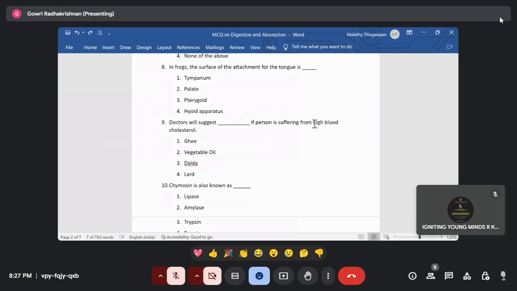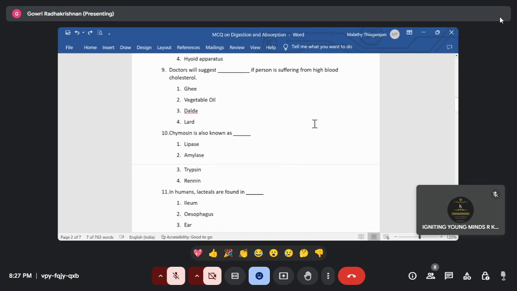It's attached to the tongue with the surface of the mouth. It's in the shape of an H, a bent shape of an H. That's why the name. Okay, so option number 4 is the correct answer.